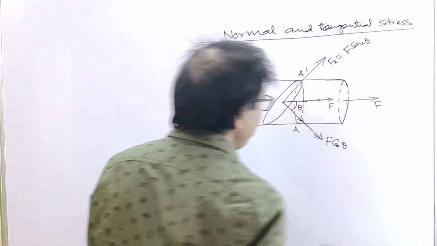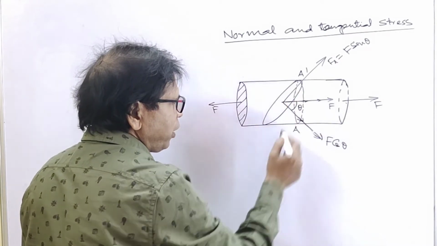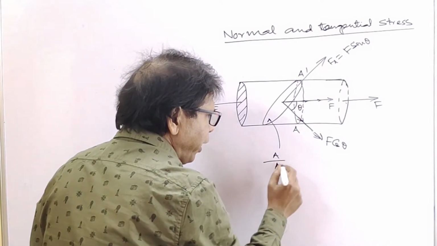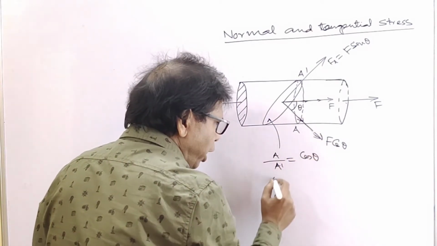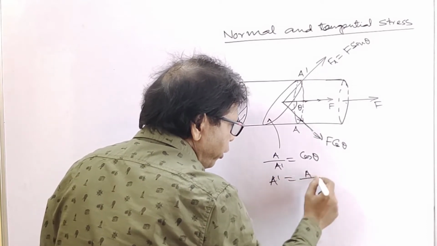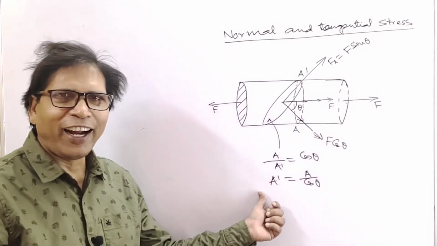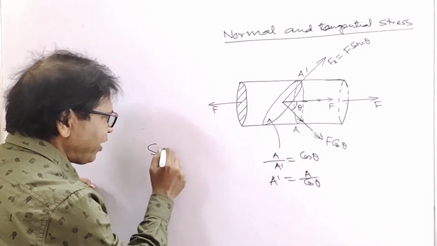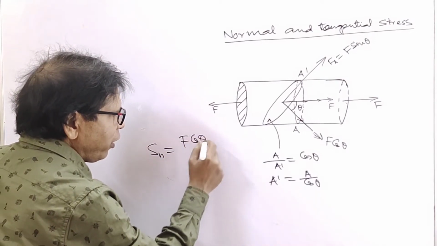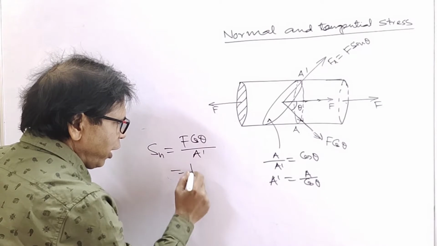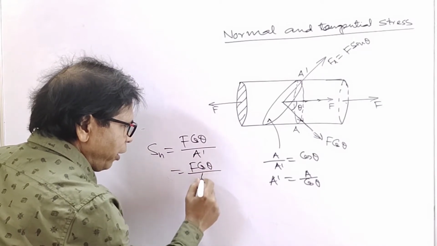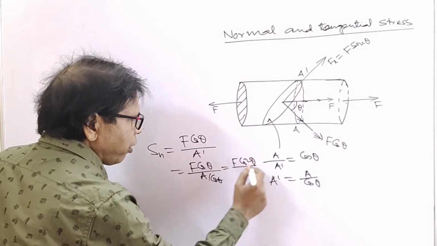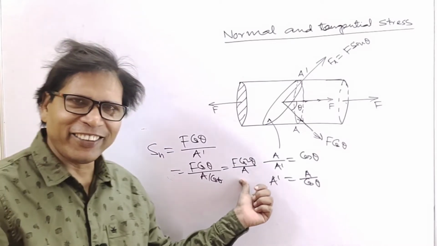Now the area of cross section of this surface: A by A dash is cos theta, therefore A dash equals A divided by cos theta. Okay, understood? Now the normal stress Sn is F cos theta divided by A dash, so this is F cos theta divided by A by cos theta. So this is F cos square theta by A. Okay, understood?